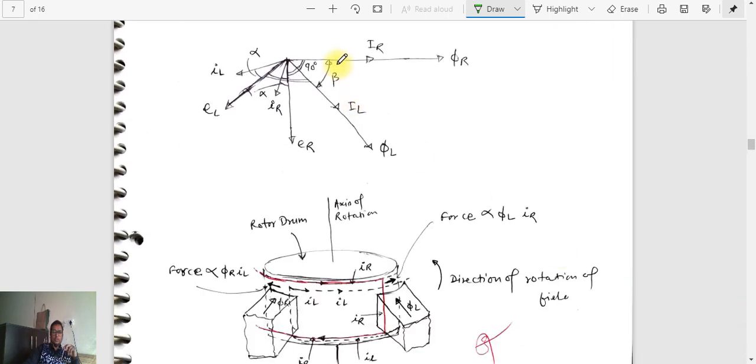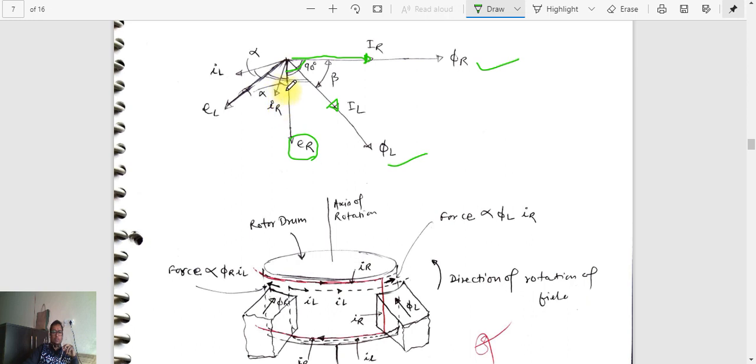What is the theory? This is the resistance coil where the current IR is flowing and the flux at that time is phi R, and there is IL in the inductive coil. This is phi L, and from there, 90 degrees lagging, this is the induced EMF in the pure resistive or non-inductive coil, the eddy voltage.